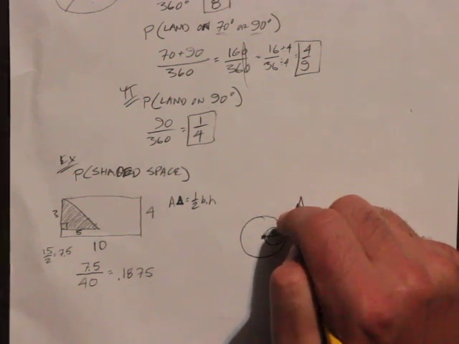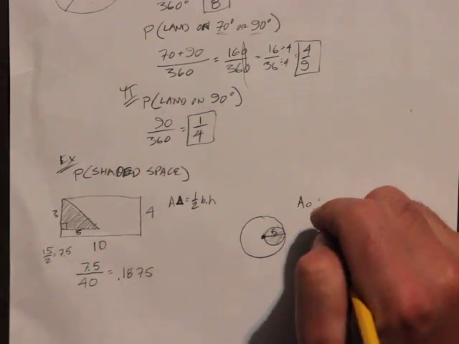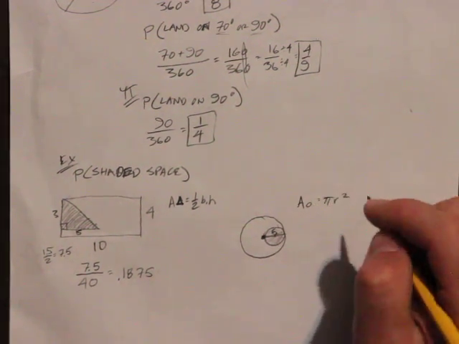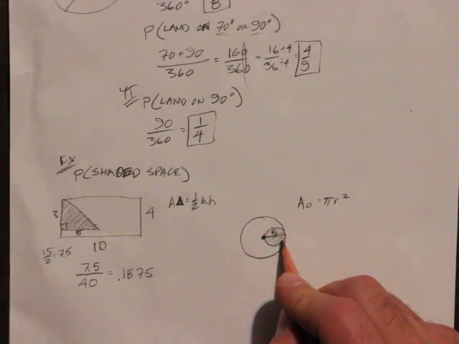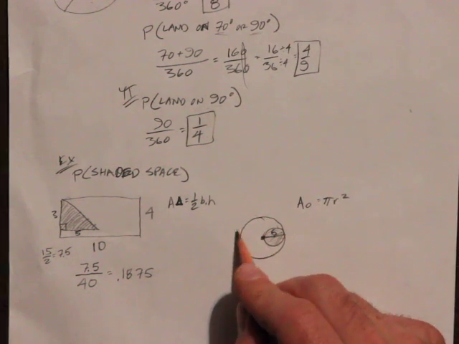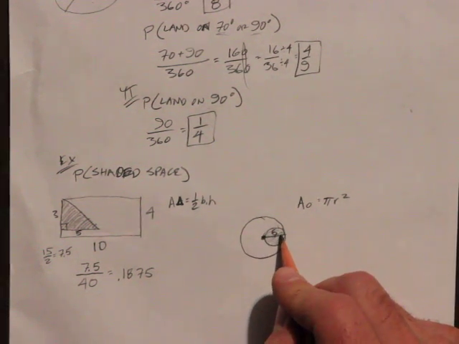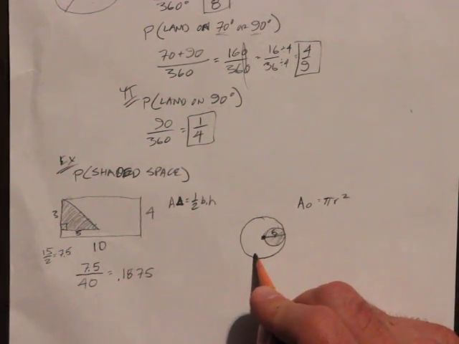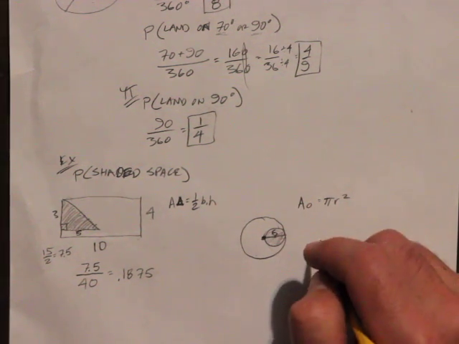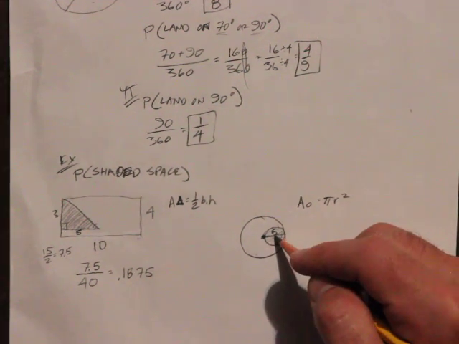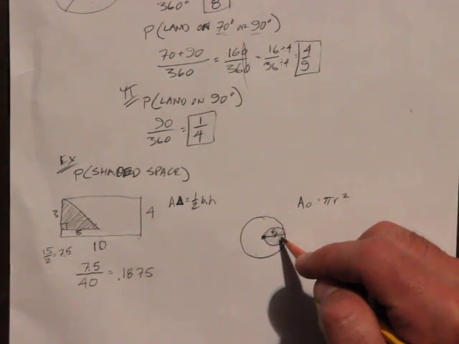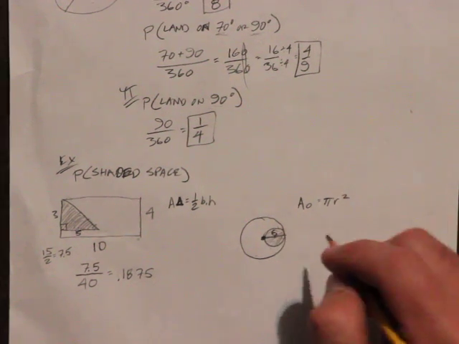So remember, the area of a circle is pi r squared. All I'm going to do is take the area of the shaded circle and the area of the full circle, put the shaded one on top, the full one on the bottom, and I will be done. Half of my diameter is my radius for this little circle, so half of 6 is 3.